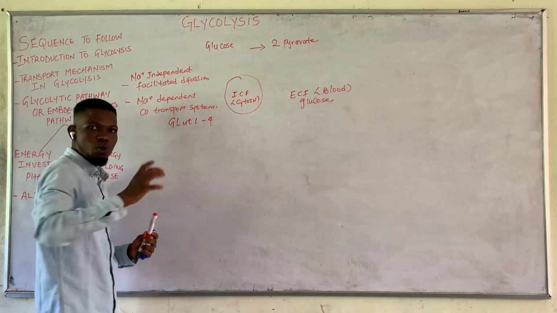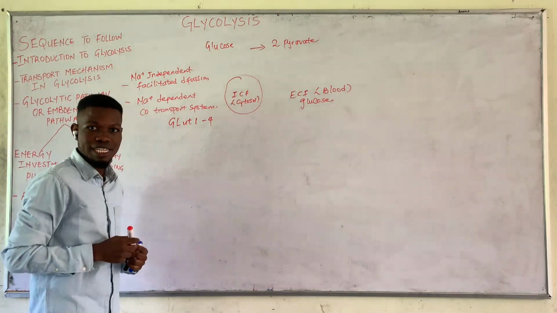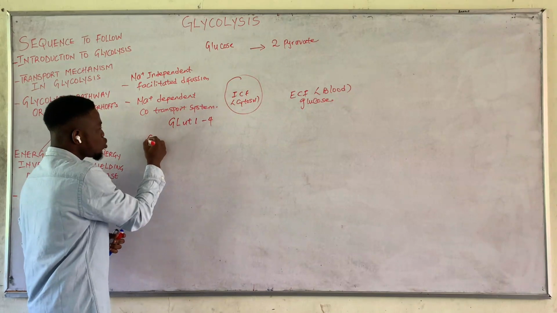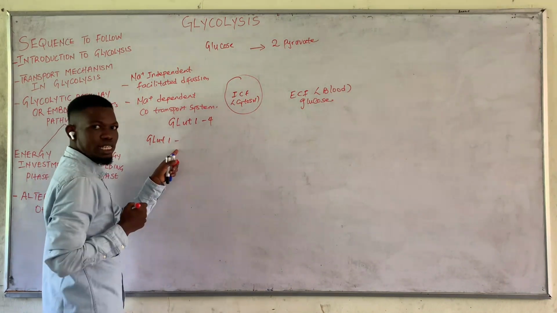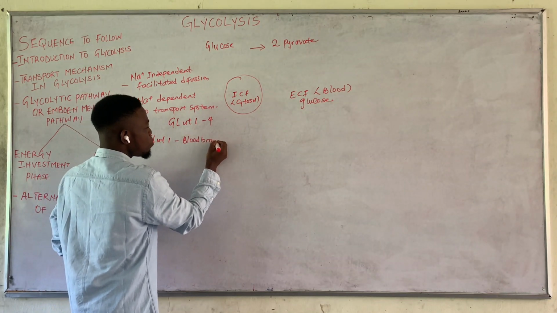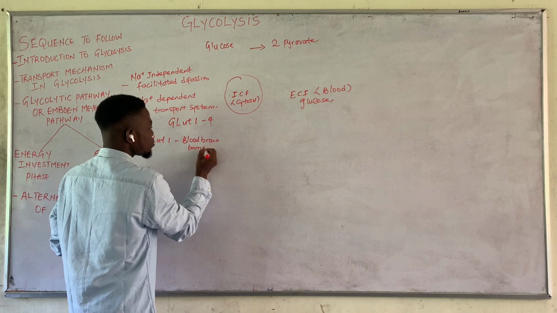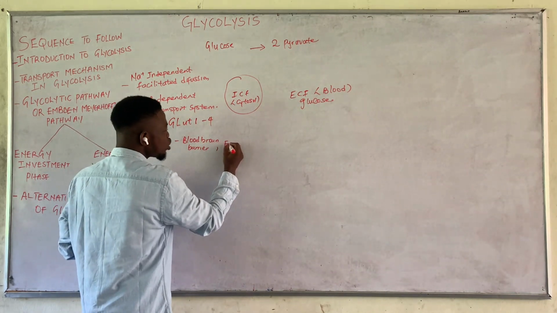And these glucose transporters 1 to 4 are specifically designed for specific organs. Just like GLUT1, GLUT1 can be seen in the blood-brain barrier. And you can also see GLUT1 in the erythrocyte.